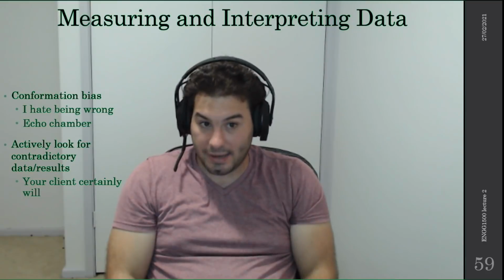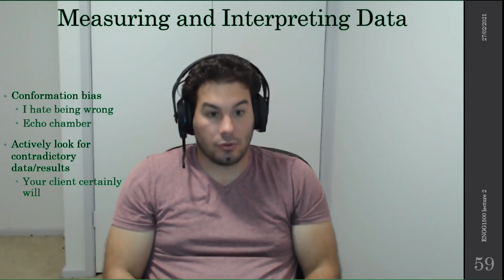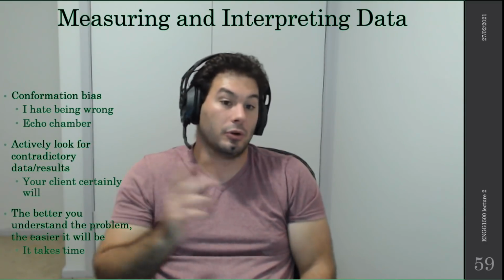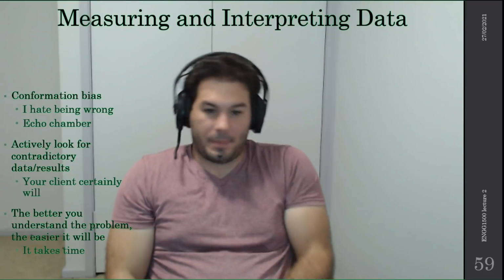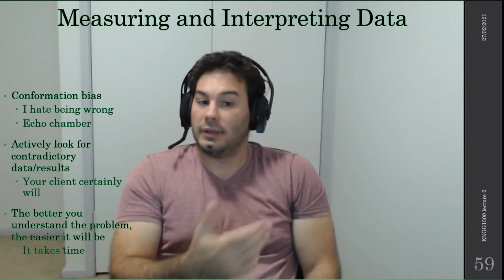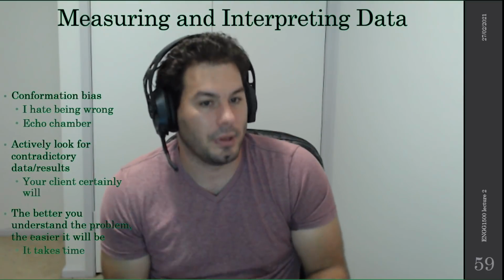That is bad. You should go actively looking for information that doesn't agree with you, because that's important. And your clients certainly will. The better you understand a problem, the easier all of this becomes. It is hard at your level. I understand that. It takes time. You get better at it with time. You'll be fine.